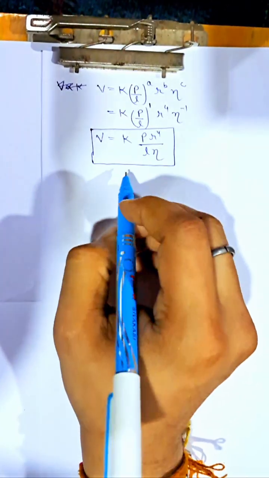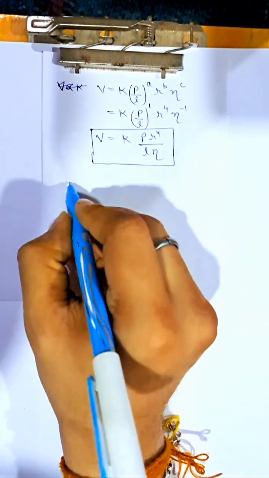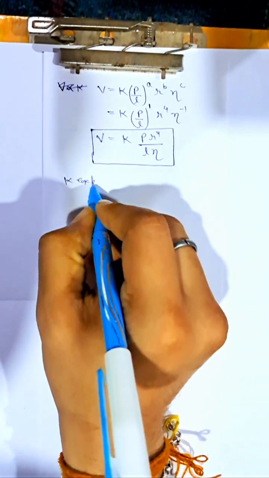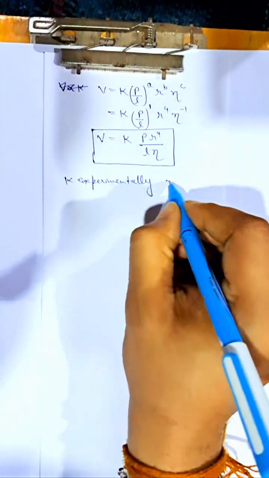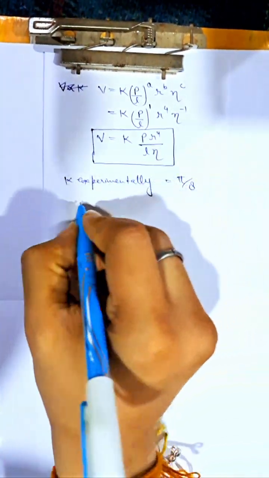The value of K can be determined experimentally, and is equal to pi by 8.